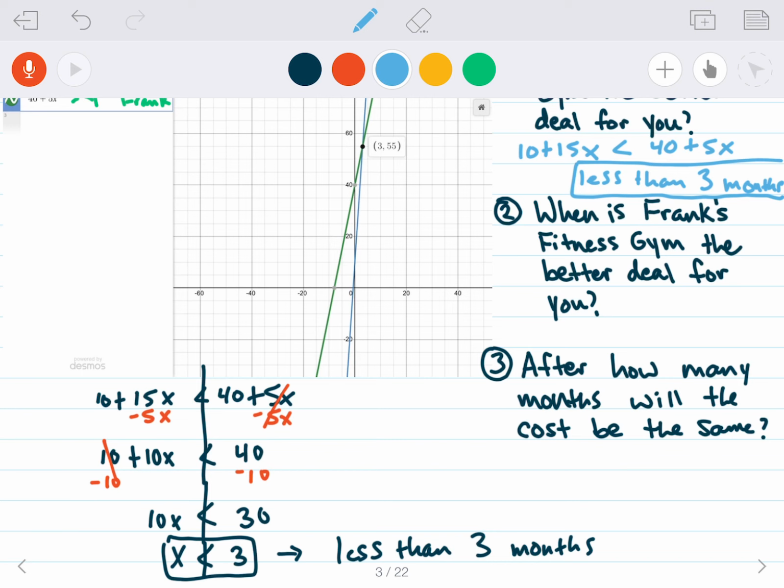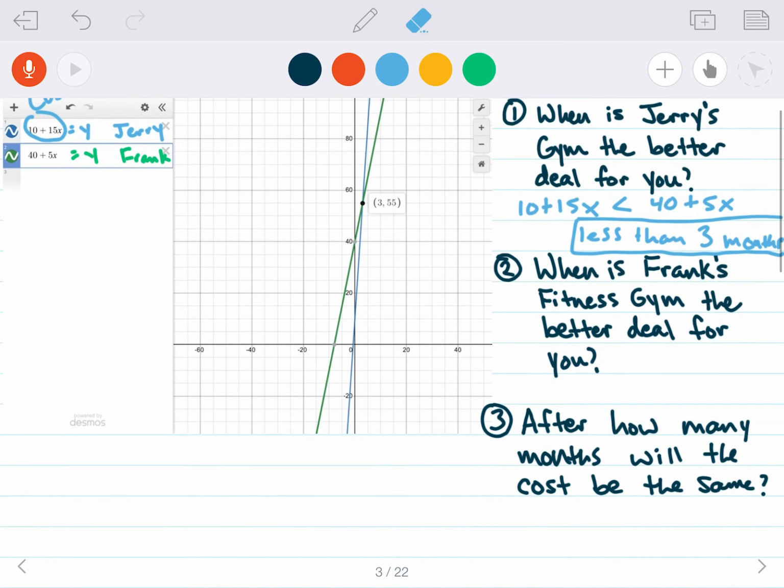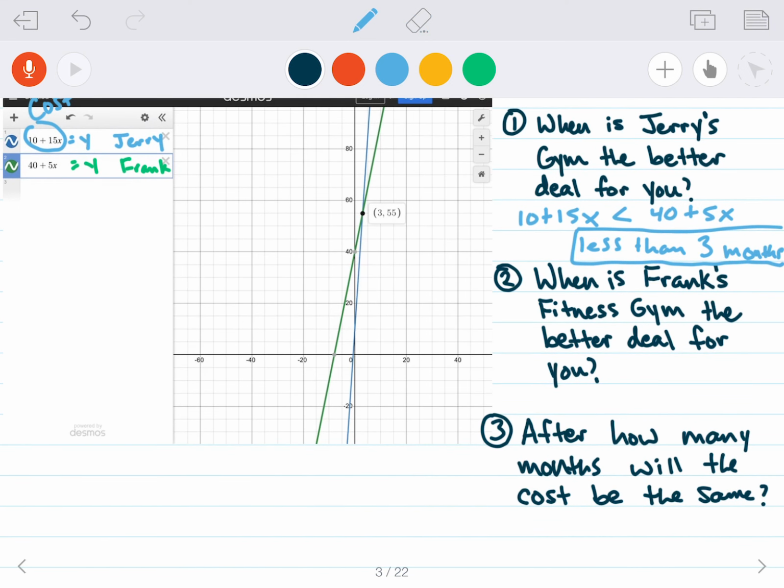We're going to set it up a little bit differently, because this time what we want to know is when is Frank's gym the better deal? So Frank's gym, the cost of that is represented by 40 plus 5x. So when is 40 plus 5x less than Jerry's gym, 10 plus 15x? When is the cost of Frank's gym less than the cost of Jerry's gym?